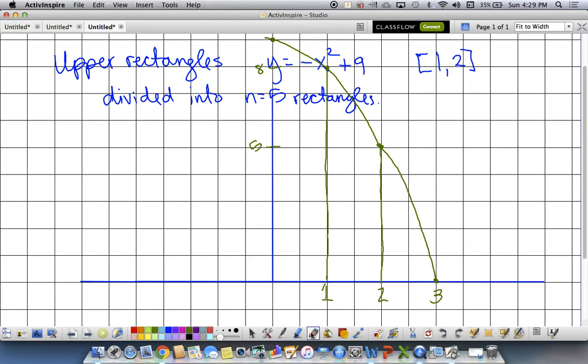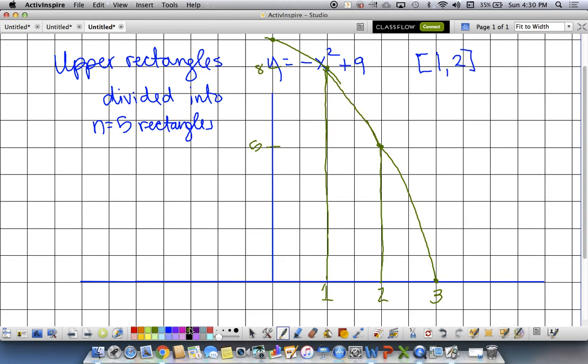Maybe I will erase some things. I'm going to erase that, and I'm going to write n equals 5 rectangles over here, so I'm not in the middle of all of my stuff.